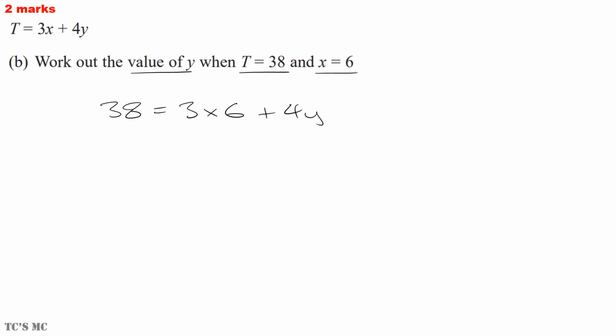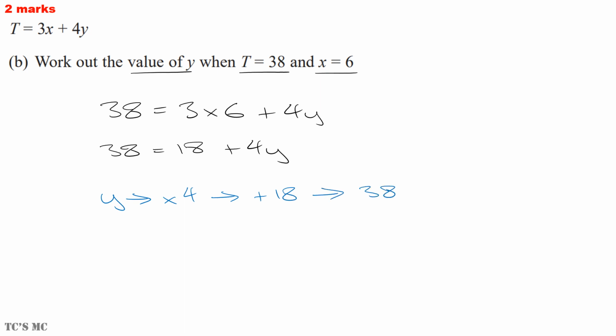That gives us 38 is equal to 18, add 4y. Now we have 1 mark. We need to solve this equation. I am going to use the flowchart method. We have y. The first thing that's happened is it's been multiplied by 4, and then we added 18. That then gives us 38.